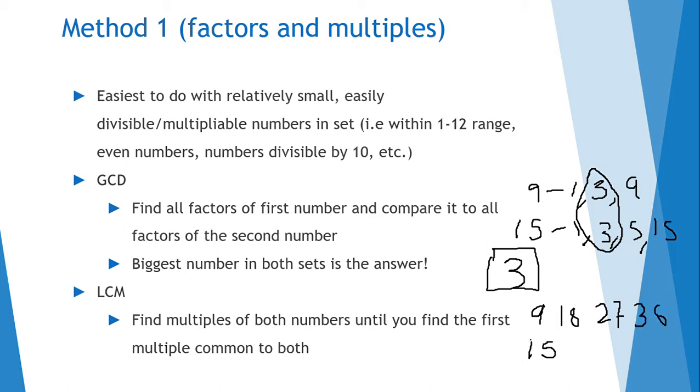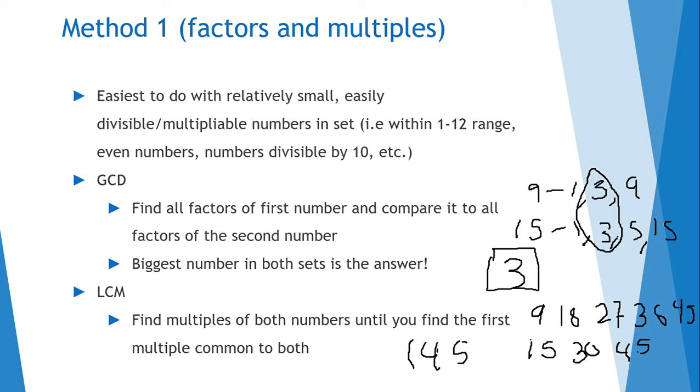Let's add another 9 and we'll get 45. I'm going to stop here because I'm running out of room. We'll see if we need more. So for 15, we're going to add 15 and we're going to get 30. And I'm going to add another 15 and we're going to get 45. So now I see we have 45 in both of our sets, which means that our LCM would be 45.